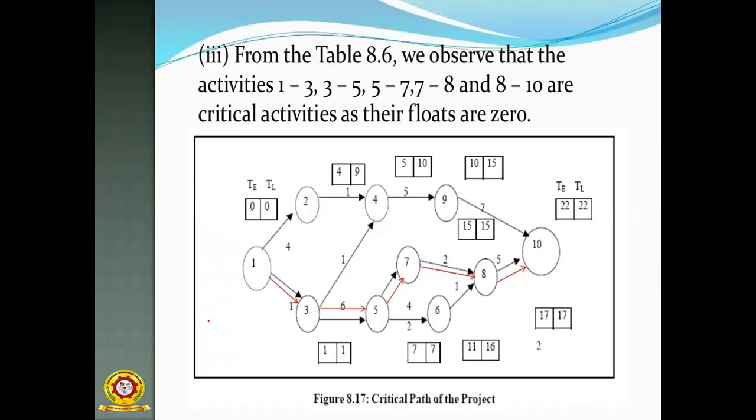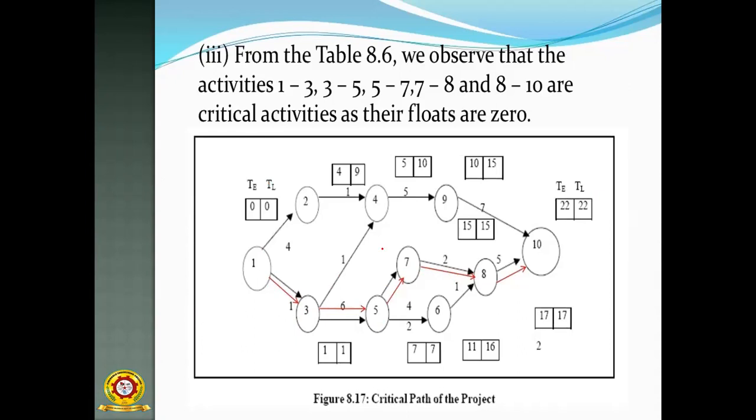So 1 to 3, 3 to 5, 5 to 7, 7 to 8 and 8 to 10. So this is the critical path of this diagram. The maximum time is 22 days. Your project will be completed in 22 days maximum. That is the maximum time.